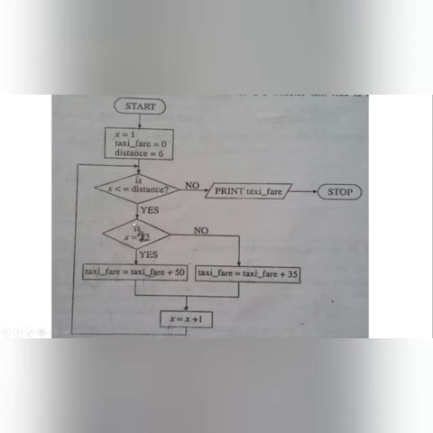In the other boolean they are asking us, is 5 equal to 2? We say no, and in the process they are telling us the new taxi fare is equal to the old taxi fare plus 35, which is 155 plus 35. So now the new taxi fare is equal to 190. The data flows, and now the new x is equal to 5 plus 1, which is 6.